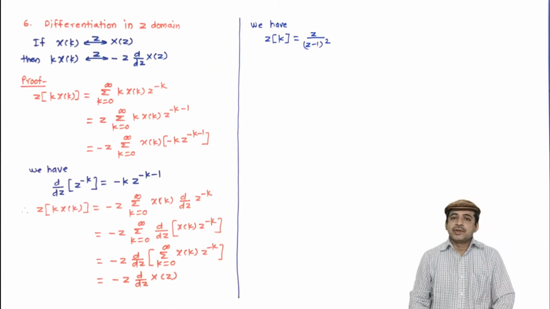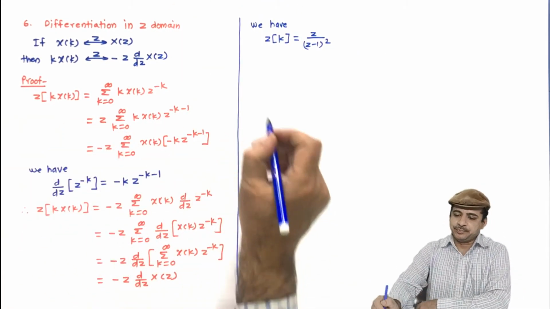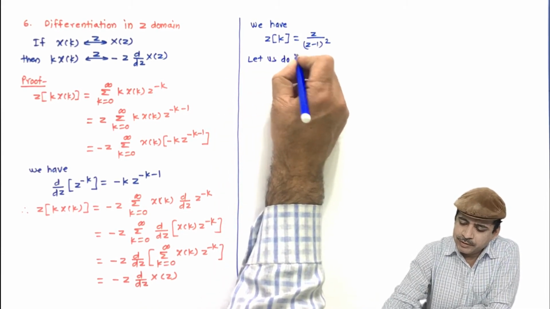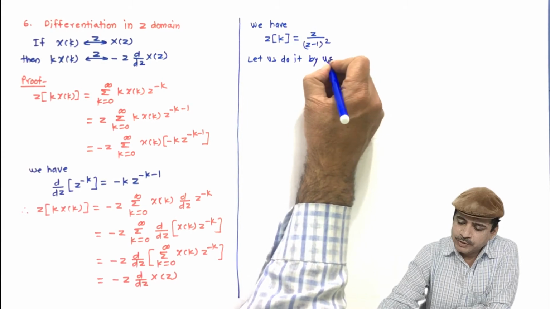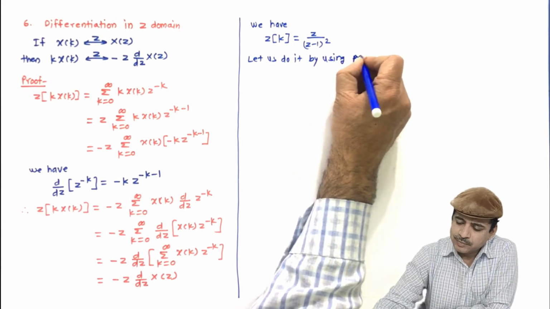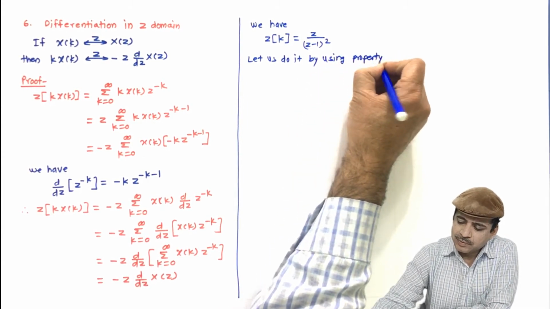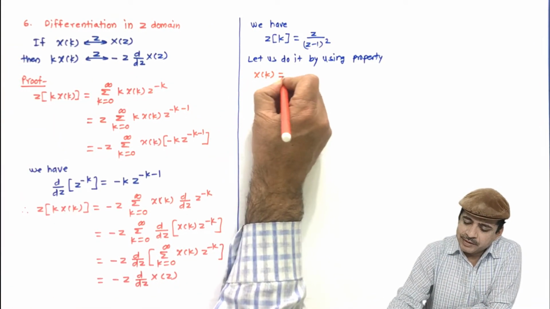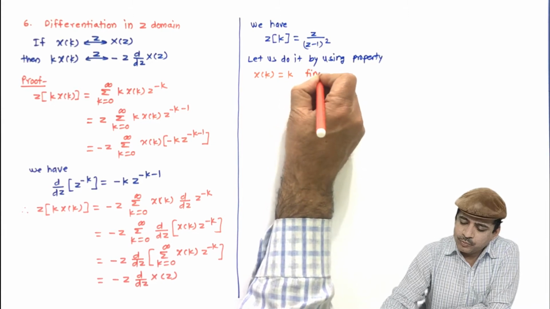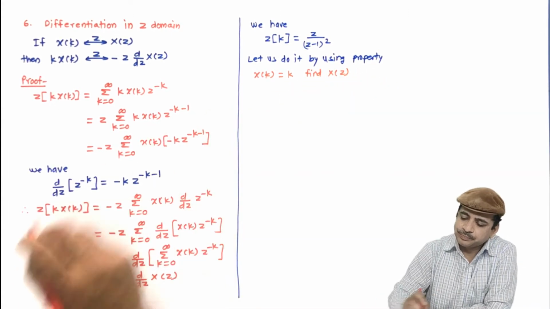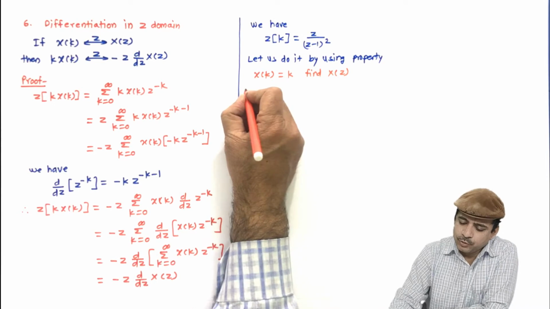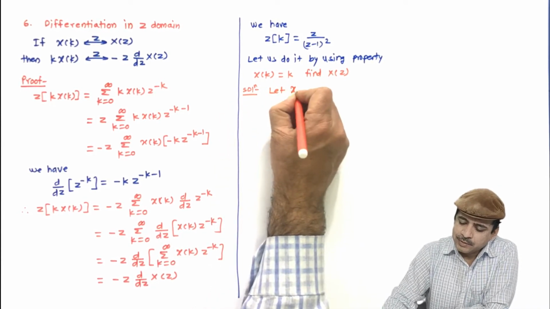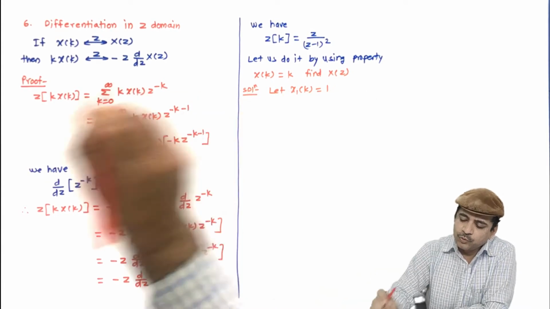Now let us do it using the property. So x of k is equal to k, and we have to find x of z. Let x1 of k be equal to 1.